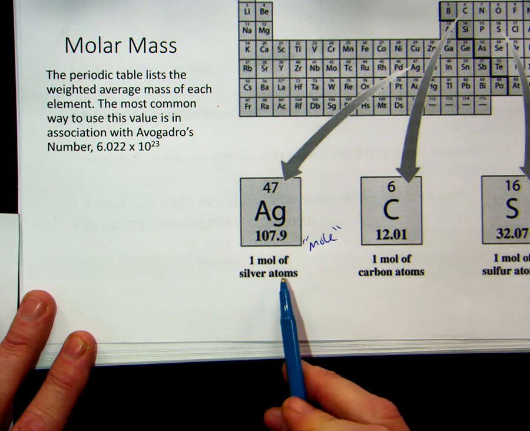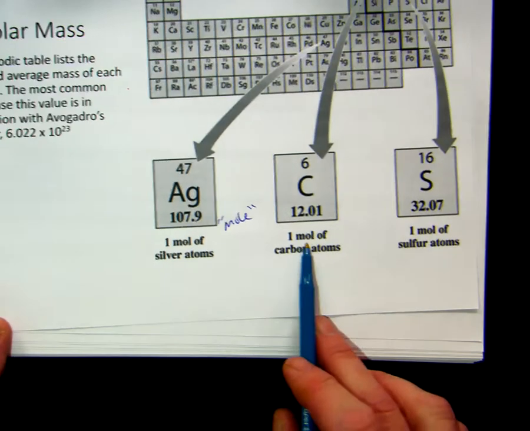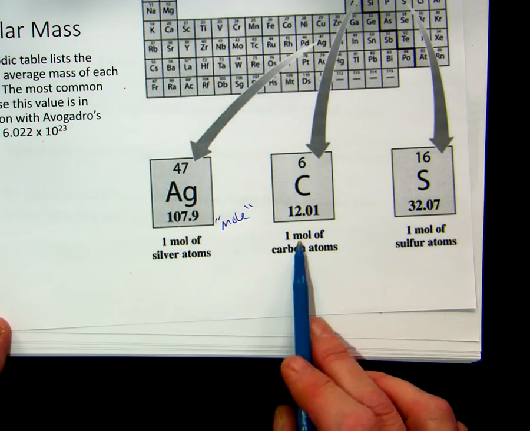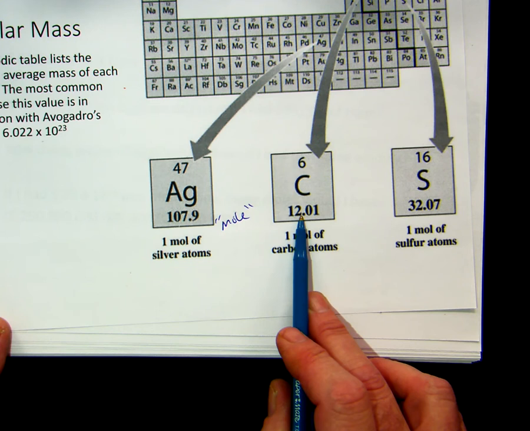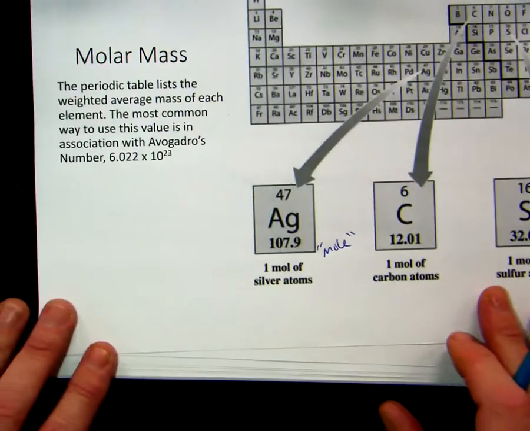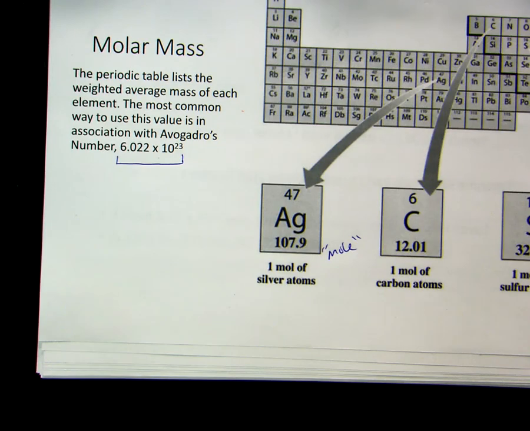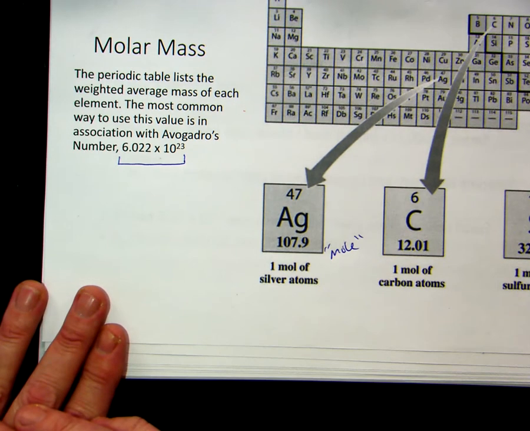So if we had 1 mole of silver atoms, it would weigh 107.9 grams. If we had 1 mole of carbon atoms, it would only weigh 12.01 grams because carbon is a lot lighter than silver. So this mole, this quantity, is right there. That's what a mole is. And that mole quantity is given the name Avogadro's number.